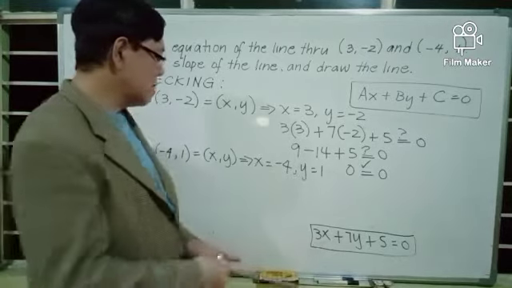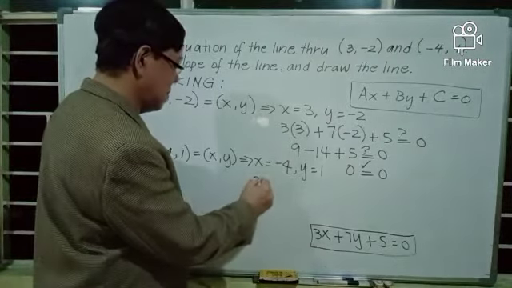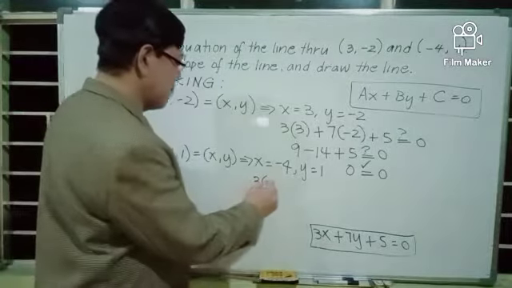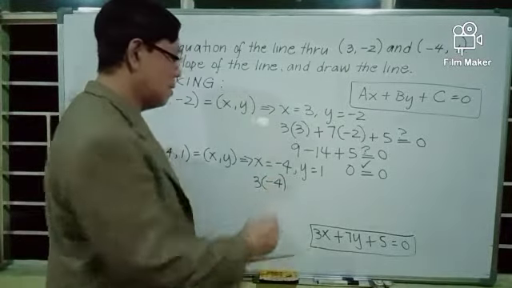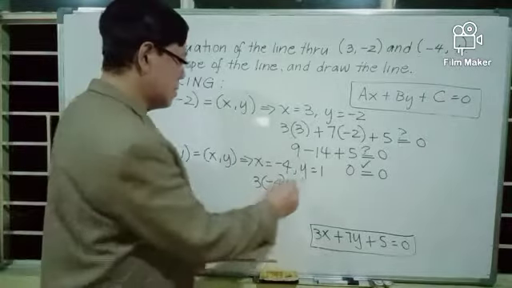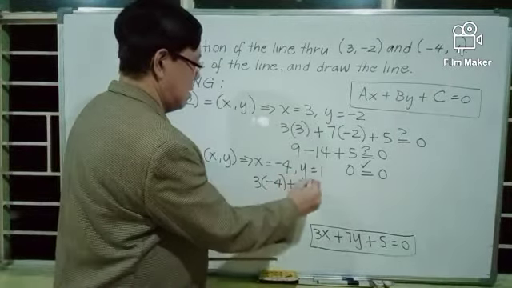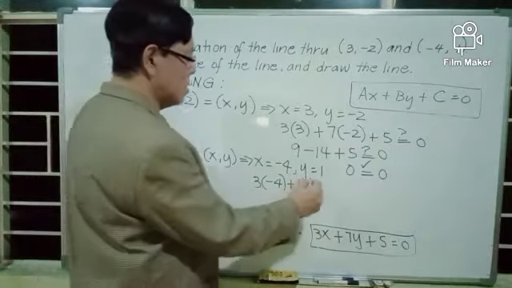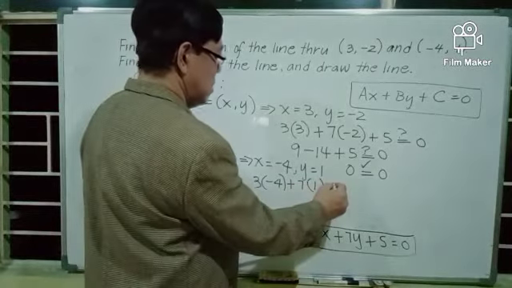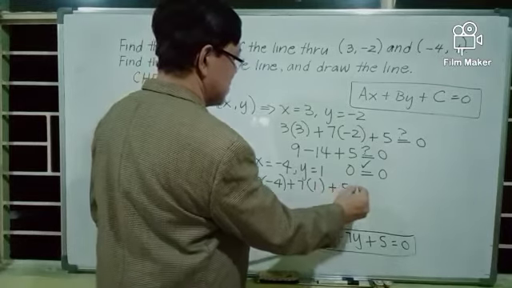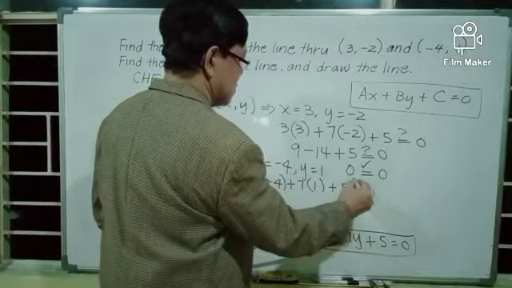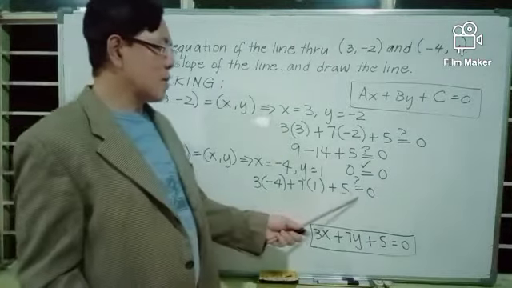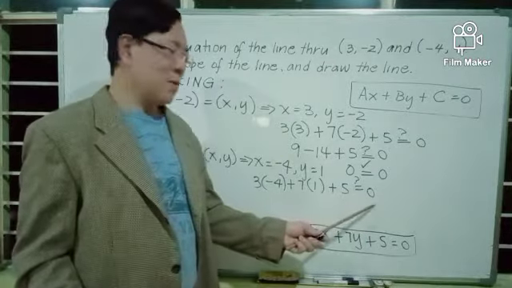We have 3 multiplied by x, which is negative 4, plus 7 multiplied by y, which is 1, plus 5 equals 0. And we want to check if this sum will be equal to 0.